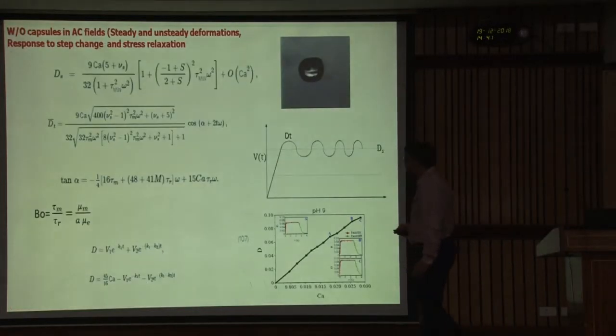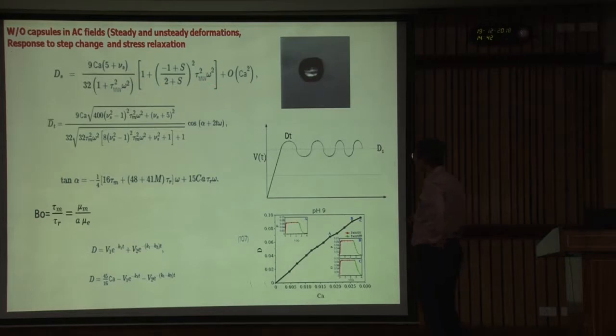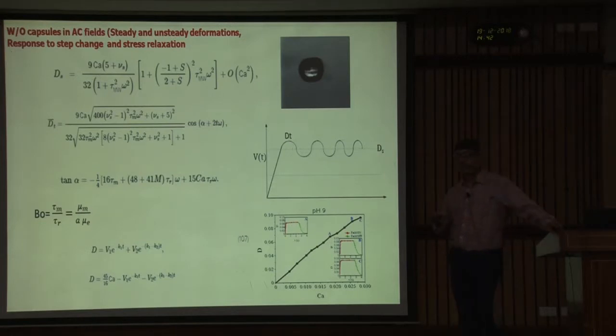Now my dream at least has been to use this system as a rheometer for doing surface rheometry. And there are issues with surface rheometry. If you do surface rheometry with a spinning drop tensiometer or pendant drop tensiometer, you can hardly go beyond a frequency of around 1 Hz.